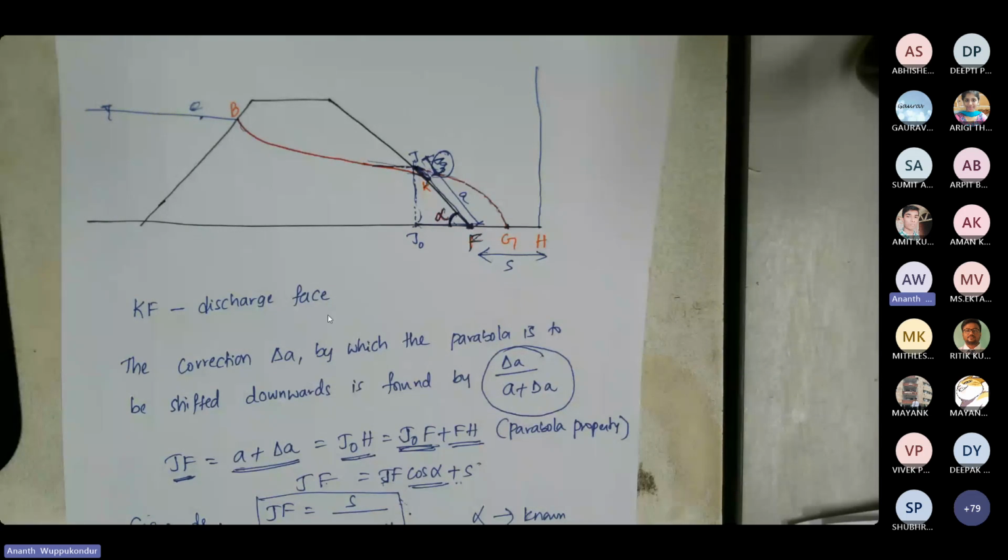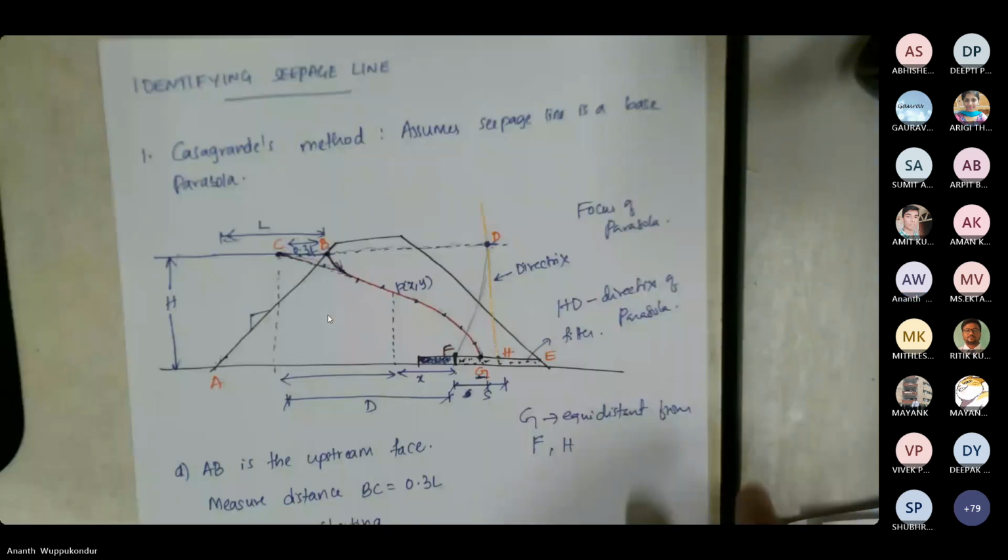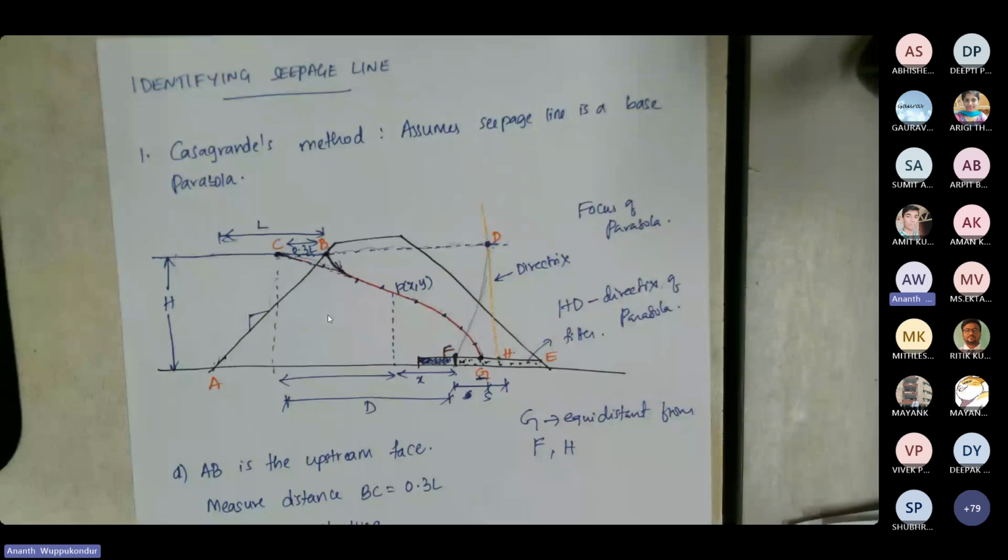Now, let's take a step back and see. Let's look at this dam where we have a filter, and then we have identified the seepage line. Now we need to find out what is the discharge through this seepage line, or what is the discharge through this entire seepage.